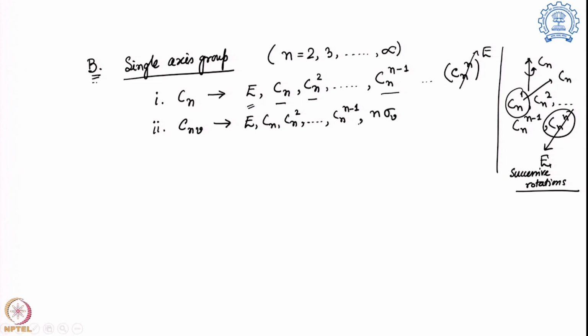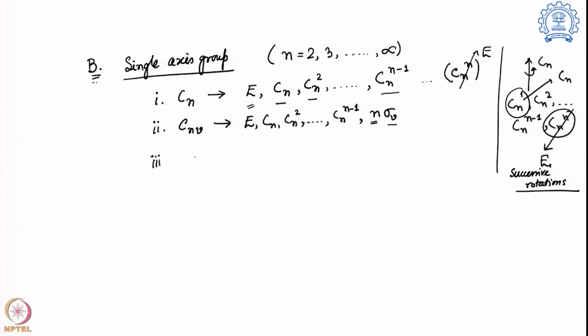So, if you have sigma v in this molecule or in this point group, it will have n number of sigma v present. For example, if I am talking about a C3 molecule for this kind of point group, I will have 3 sigma v's. I will have either all 3 of them or nothing. So, if you have a sigma v present in the molecule, you have to have n number of them, and if it is present, the point group is Cnv.